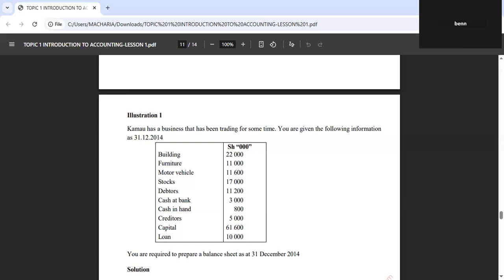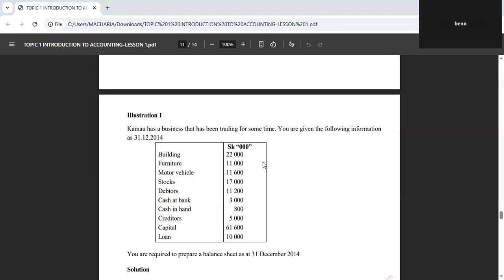Are you there? What are your total assets? Okay, it appears. Now, look here. A quick one. Building, these are long-term assets.